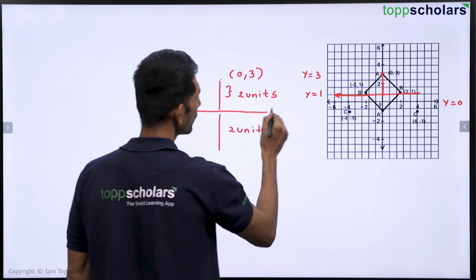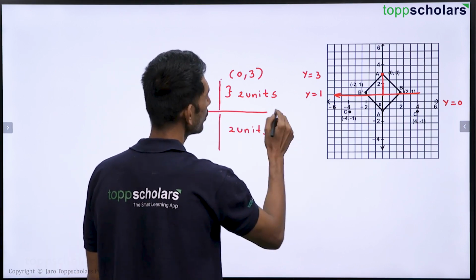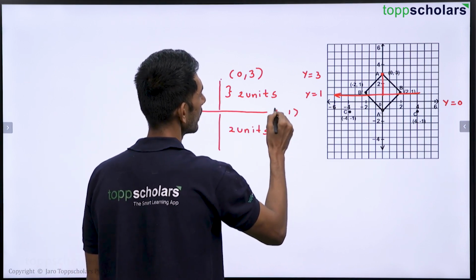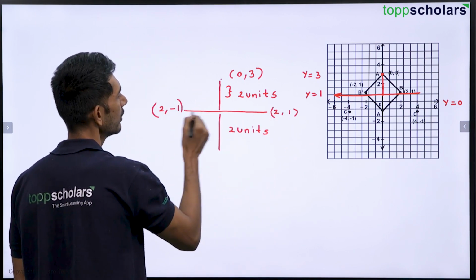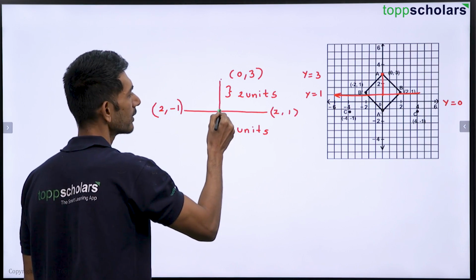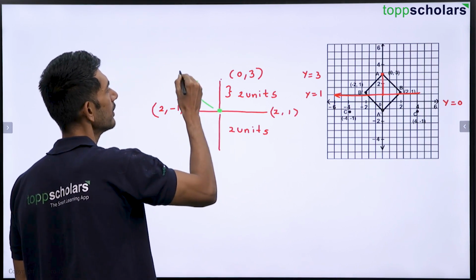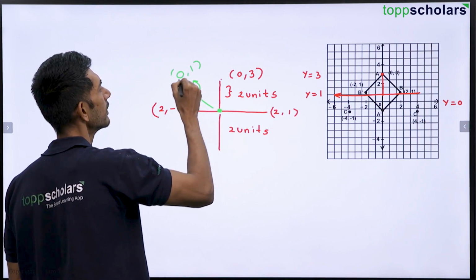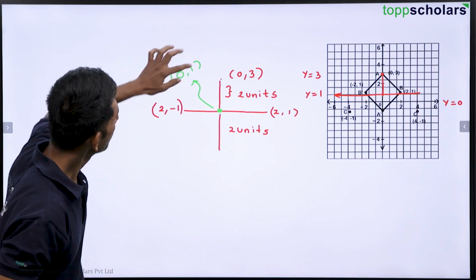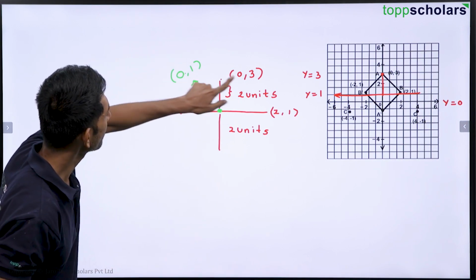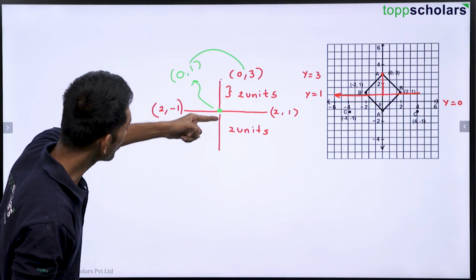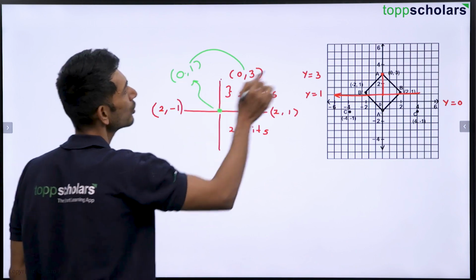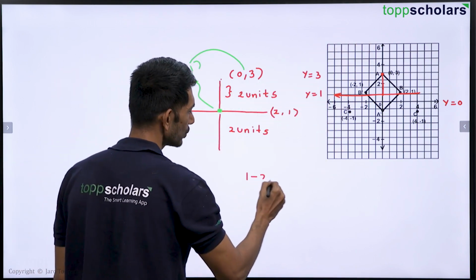Why 2 units? Because if you see, the points over here are 2, 1 and 2, minus 1. So the point over here will be 0, 1. So if I subtract 3 and 1, I get 2. Now if I want to go down, I need to subtract 2 from 1. So 1 minus 2 is how much?